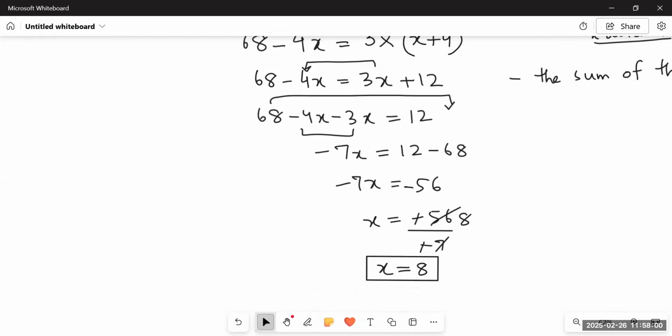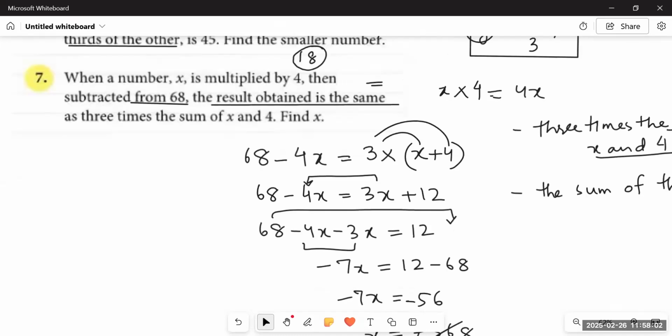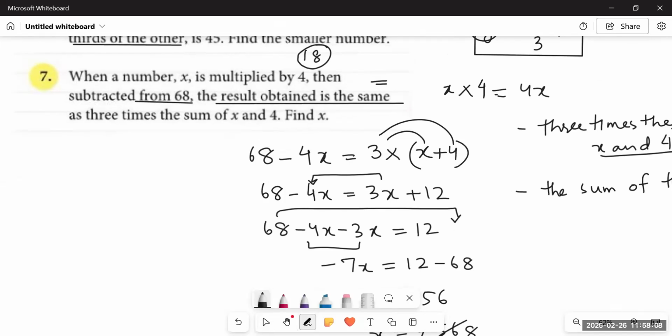Let's check if we have got the correct answer or not. They were saying when a number x is multiplied by 4. So let us multiply 8 by 4. The answer to this would be 32. Then subtract it from 68. So it will be 36.